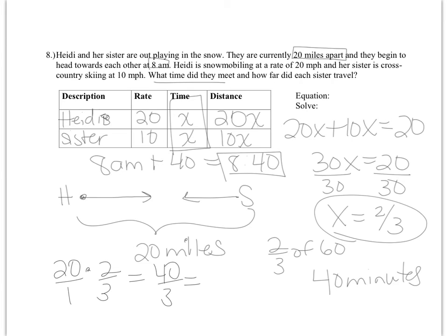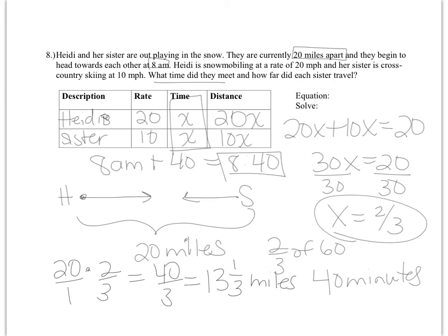We want to figure out what mixed number that is. 3 goes into 40 13 times, and 3 times 13 is 39, so you have 1 left over. So 13 and 1/3 miles, and we know it's miles because they were traveling in miles per hour.